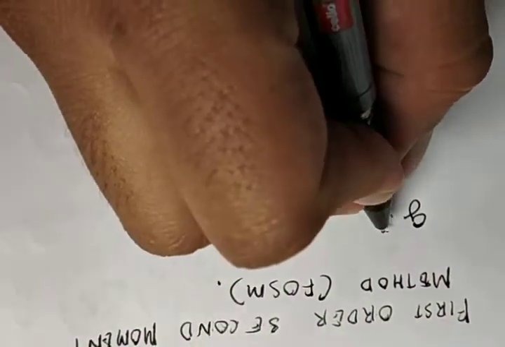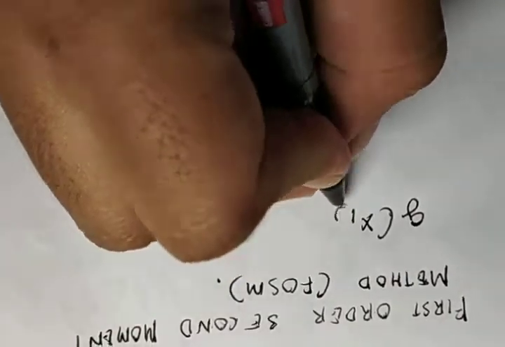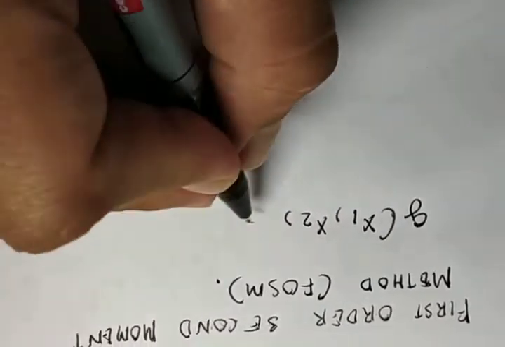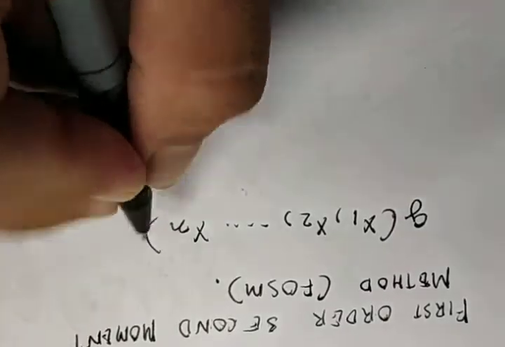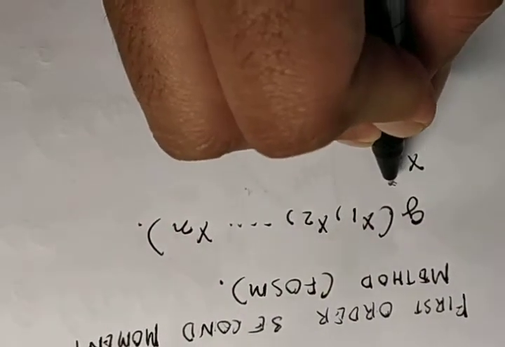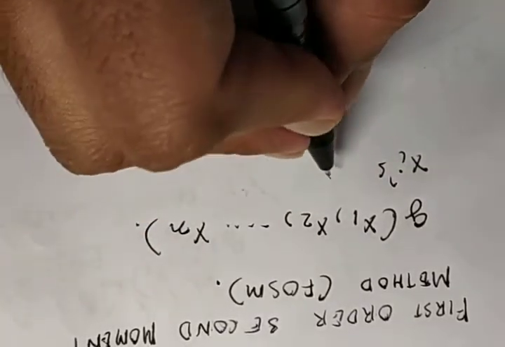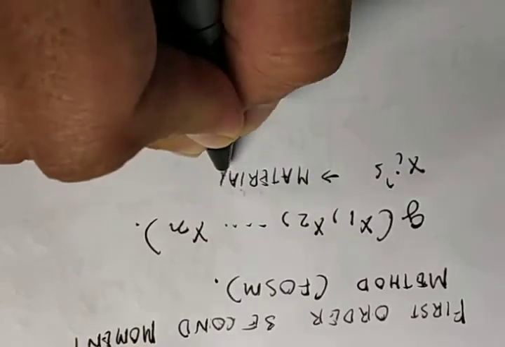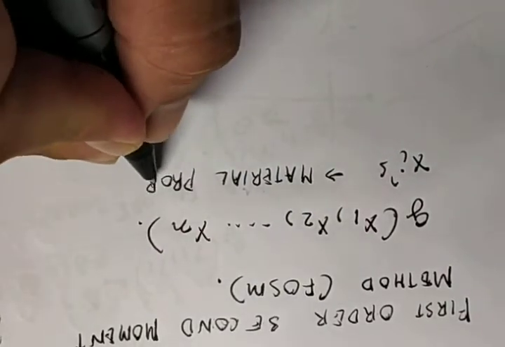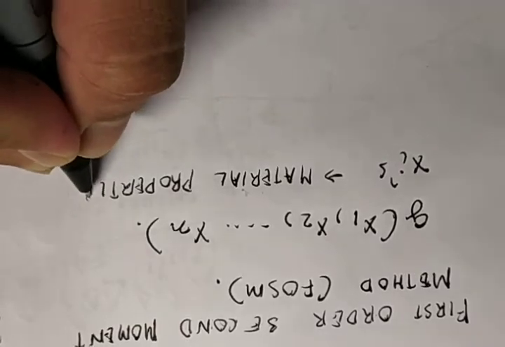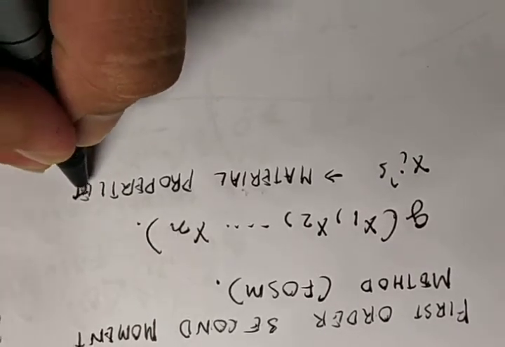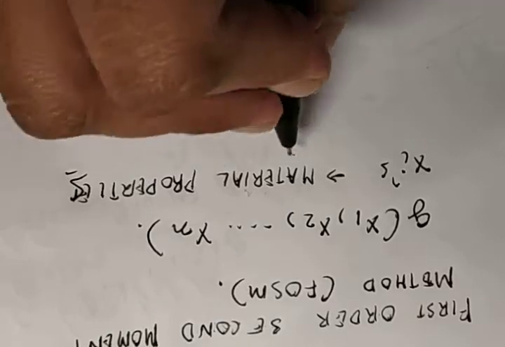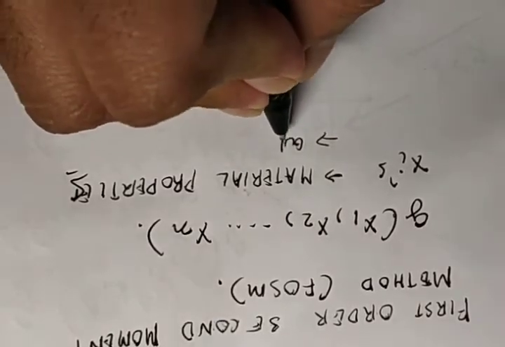So our failure function G is a function of a certain number of variables x1, x2, x3, ..., xn, where the xi's, as we have already discussed, might be material properties or material constants, like your Young's modulus, Poisson's ratio, or they might be geometric properties.